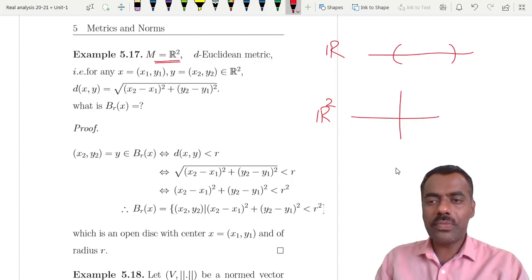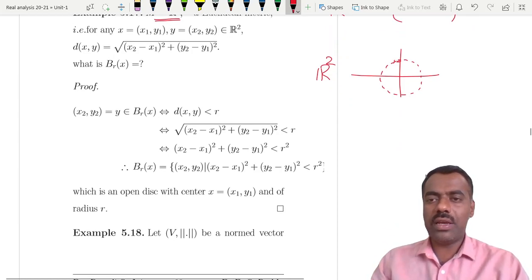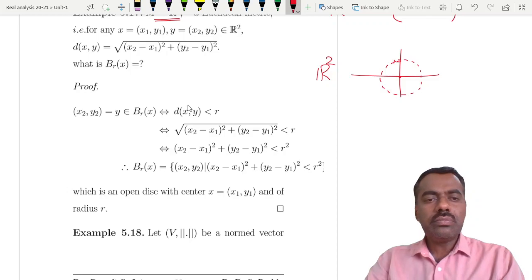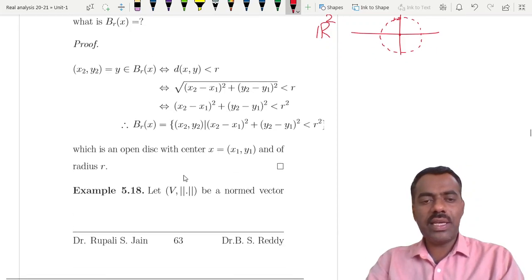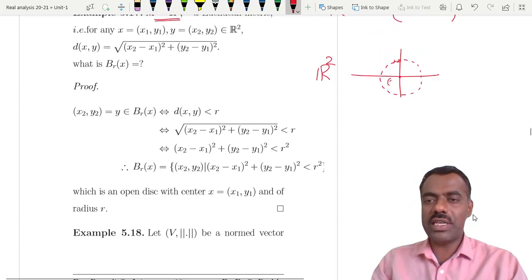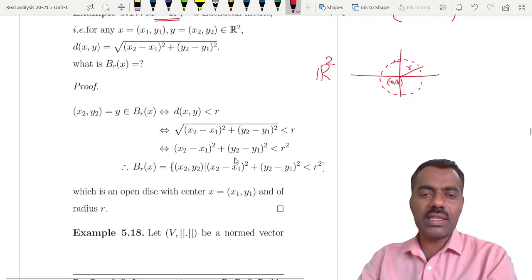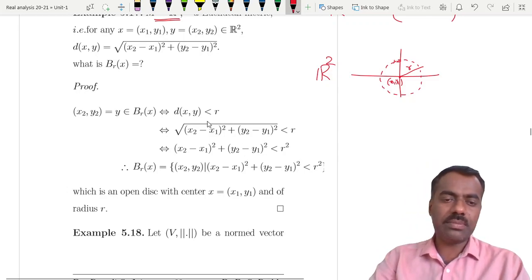It should be something like this, covering all these points. You can check that this is simply an open disk with center (x1, y1) and radius r. This is easy to check and not at all a problem.